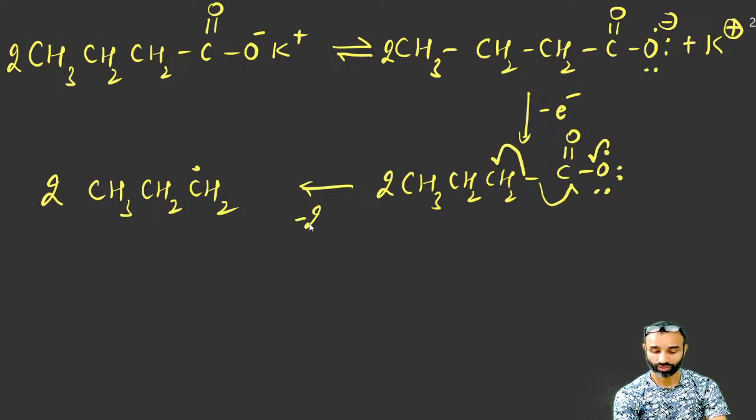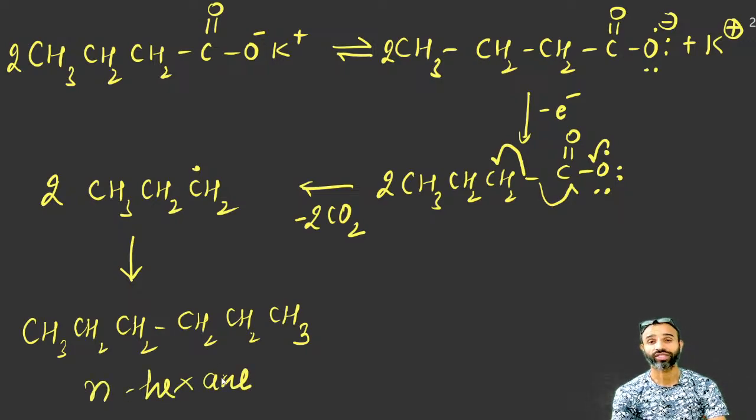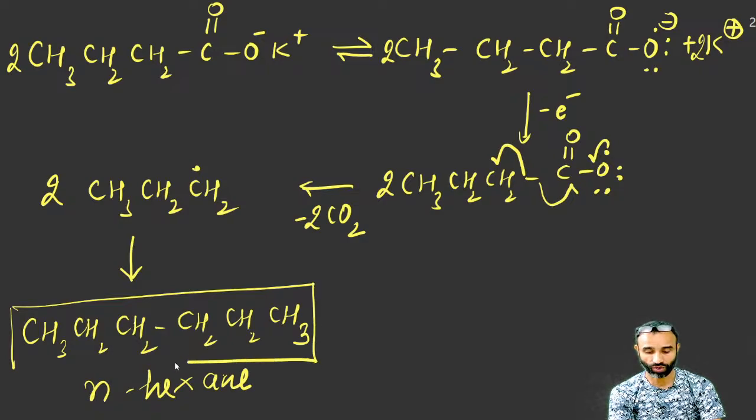So there is a removal of two molecules of carbon dioxide. Now these two free radicals combine together, and ultimately we get normal hexane as the product, right? So normal hexane is formed at the anode along with carbon dioxide.